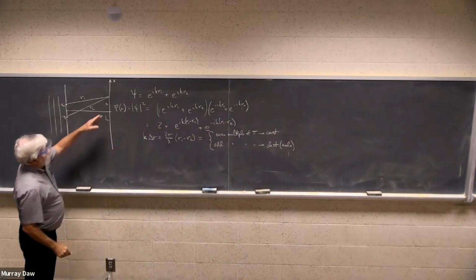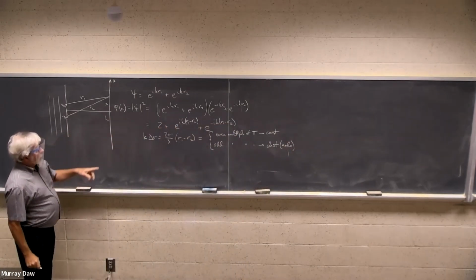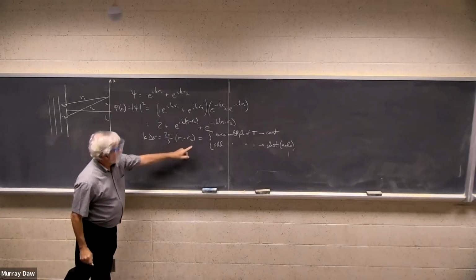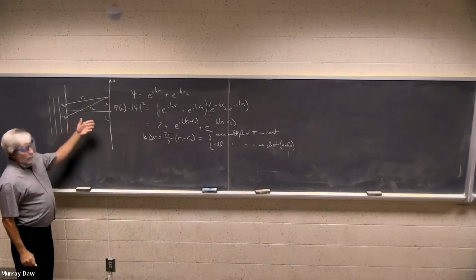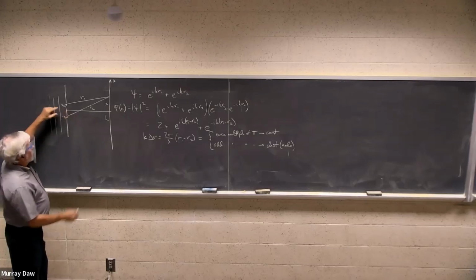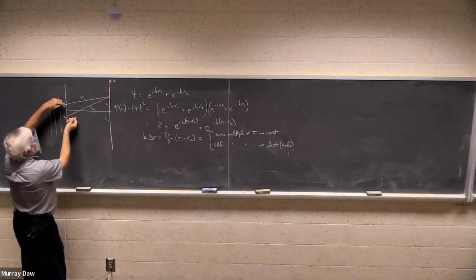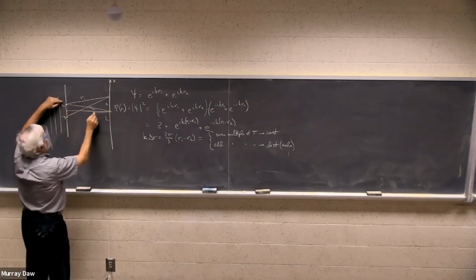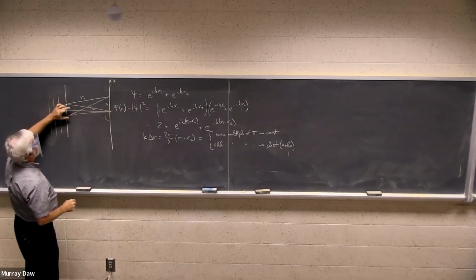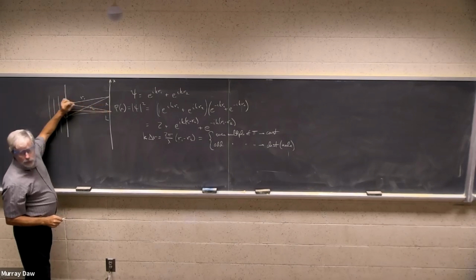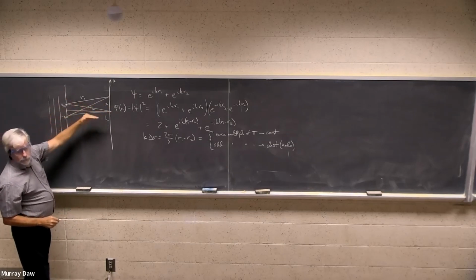You're guided through approximations to get this difference as a function of x. But the basic idea is that as you move up along the screen here, at x equals 0, R1 and R2 are the same. So you're going to get a maximum at the origin.